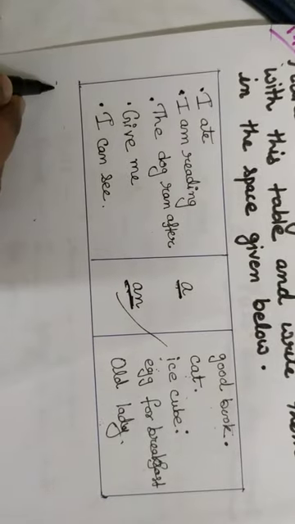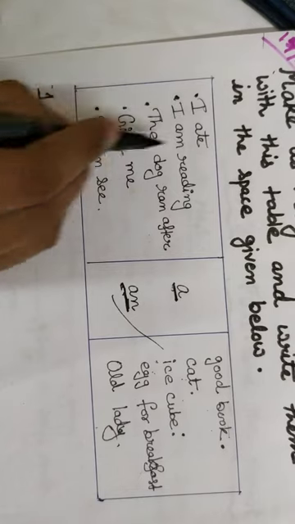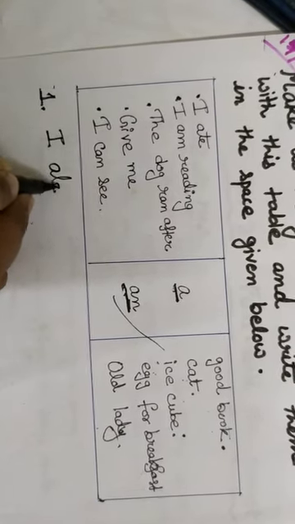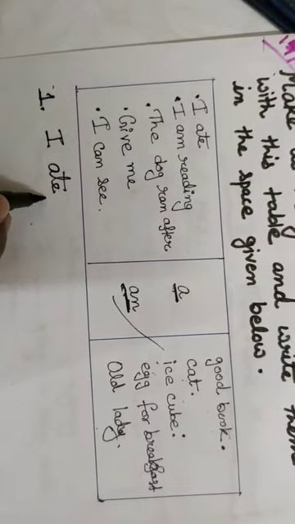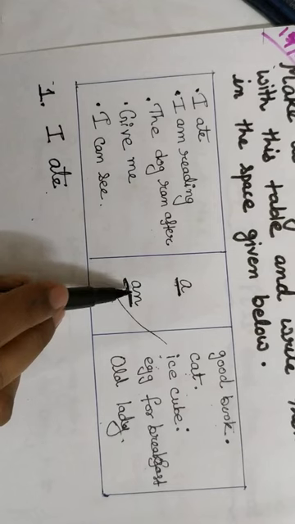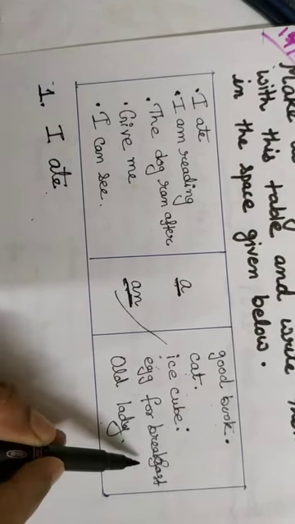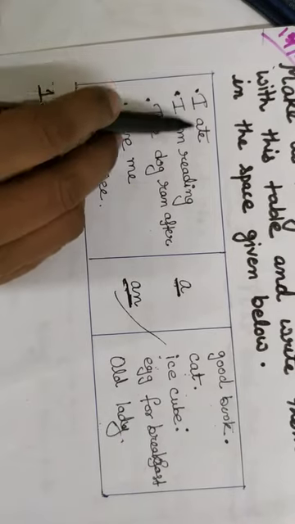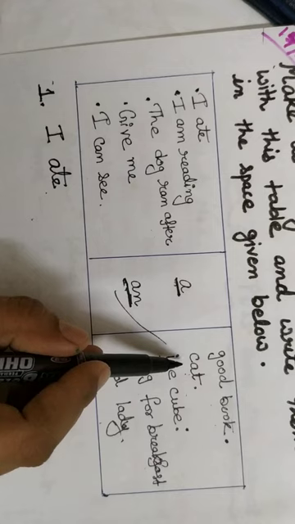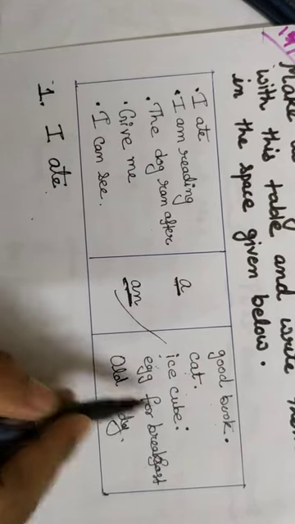Number 1. I ate. What I ate? मैंने खाया. A cat or an cat is wrong. An egg for breakfast. Either you can make, as Push says, I ate a cat, or I ate an ice cube.